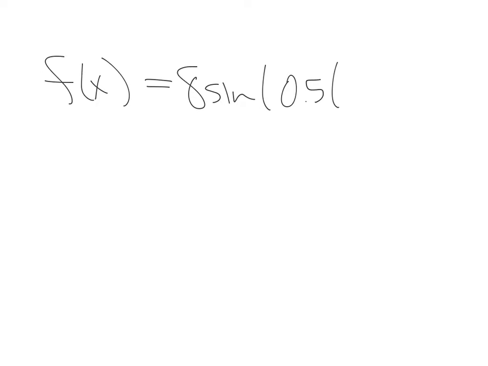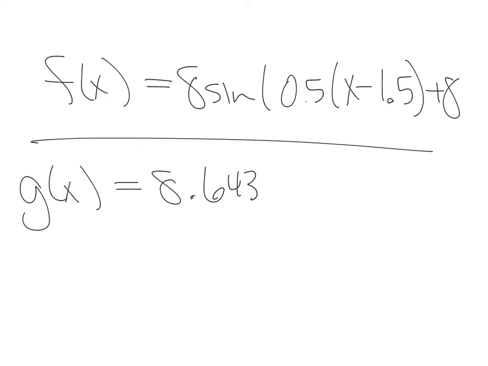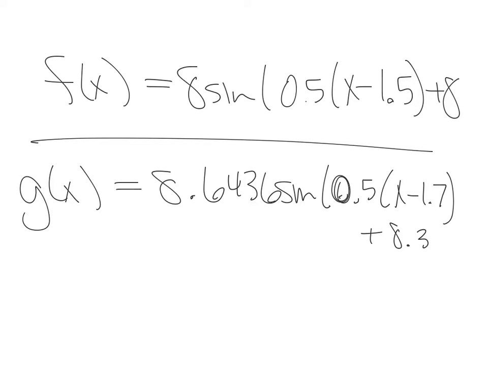And in my book, the standard equation that they have come up with is actually what we have. Using the raw data, they were able to, I think, sine fit 8.6436 sine of 0.5 x minus 1.7 plus 8.3651.